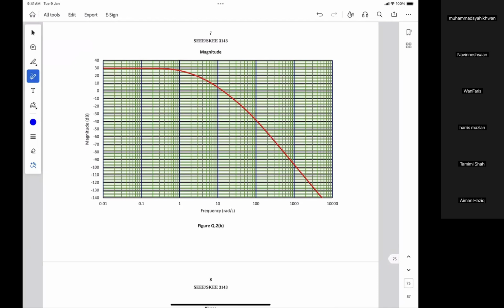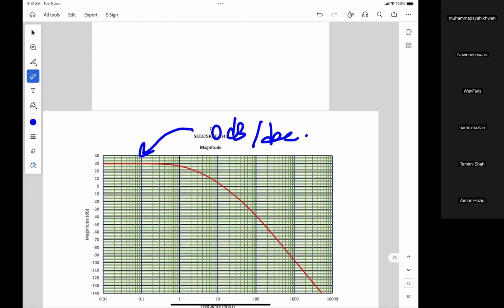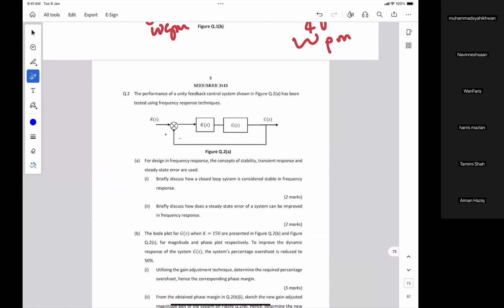Type 0. Sebab initial slope ni adalah 0 dB per decade. Tadi tu type 1, minus 20 dB per decade. Dia punya initial slope. Yang ini 0 dB per decade. Okay, apa yang dia nak soalan ni? Concept of stability, transient response, steady-state error.